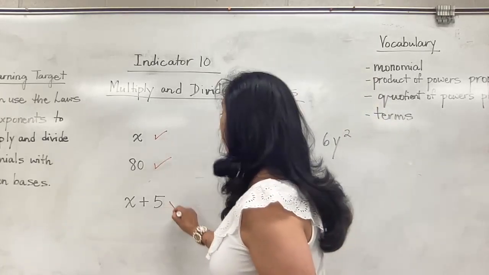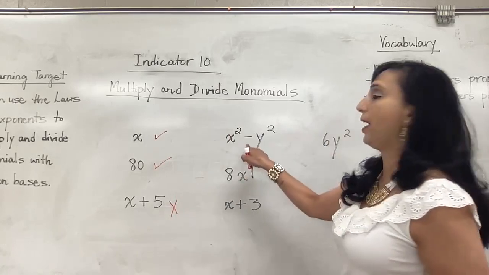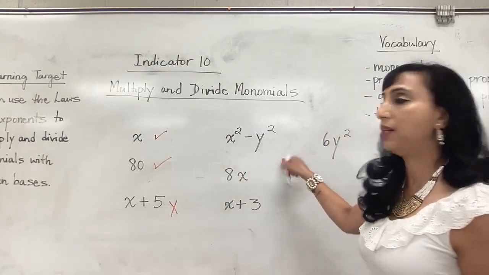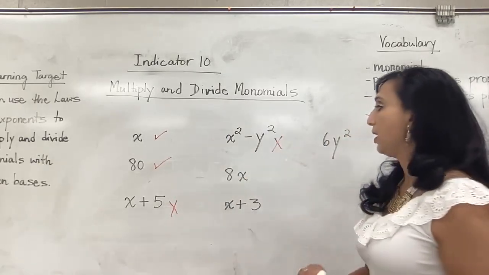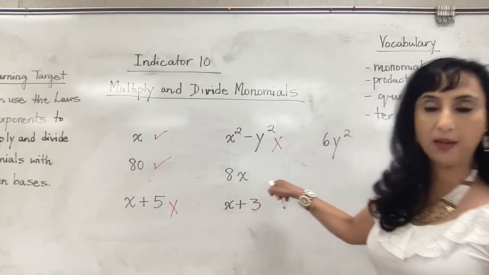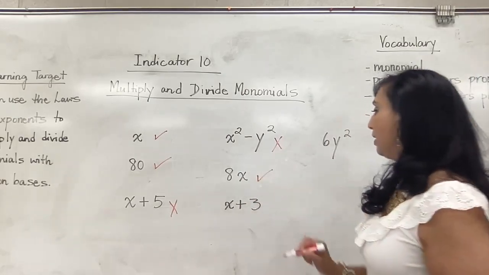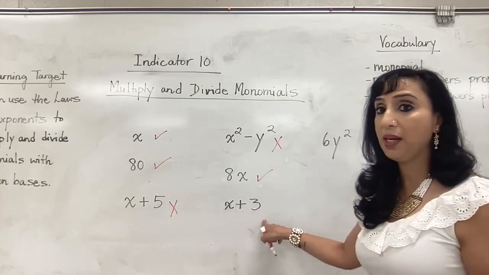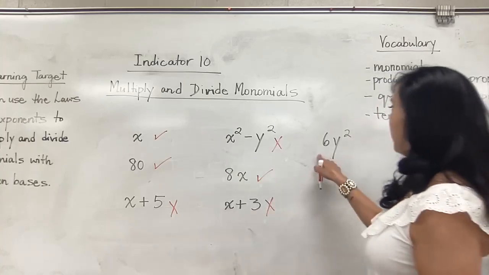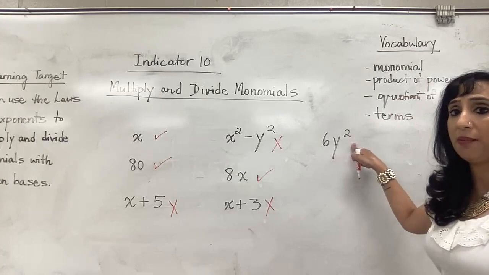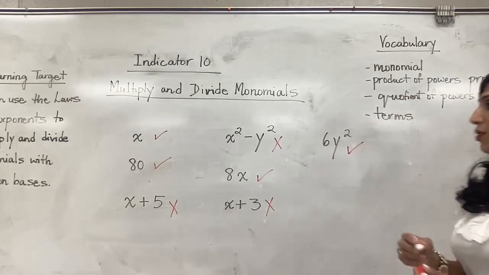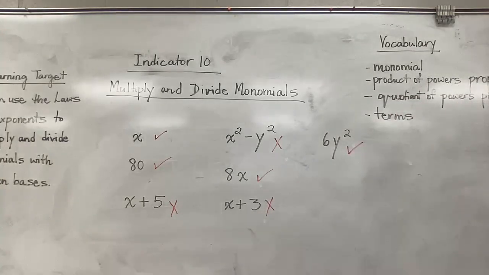No. Is x squared minus y squared a monomial? No. Is 8x a monomial? Yes. Is x plus 3 a monomial? No. Is 6y squared a monomial? Yes. So look at all the terms over here that I have put a check mark against.